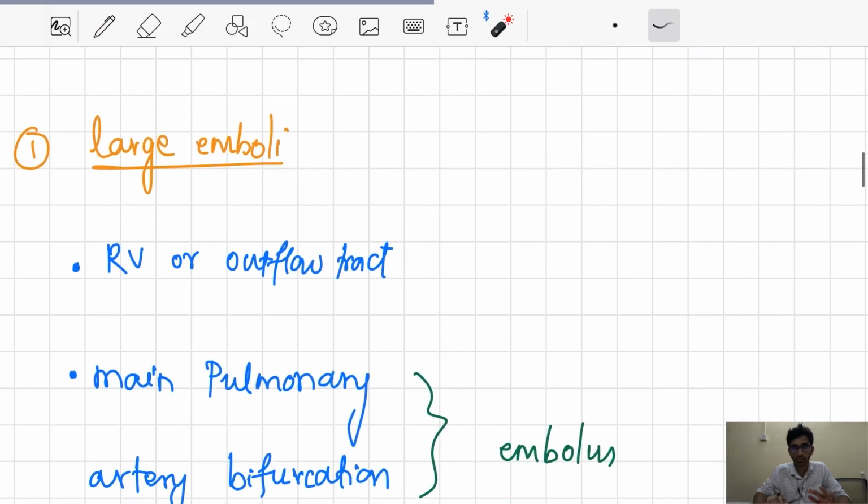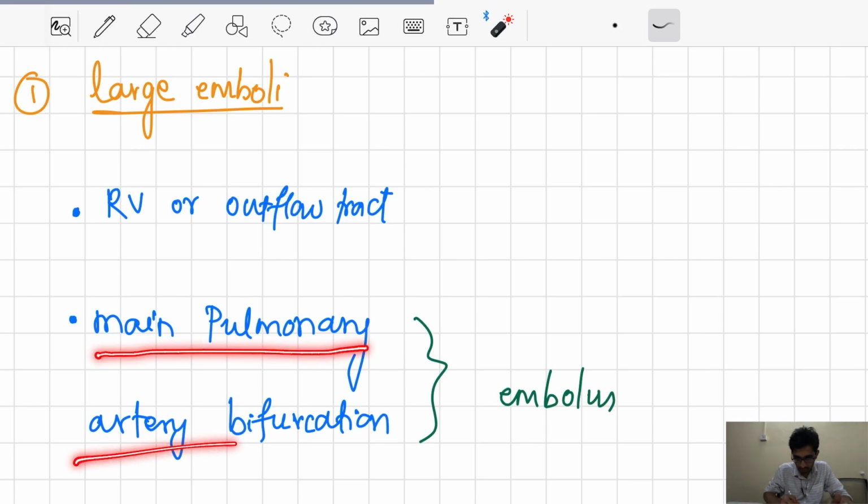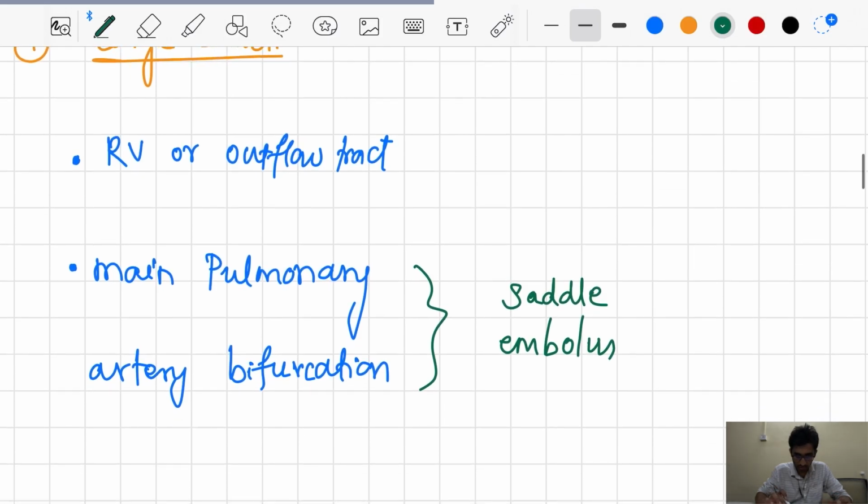One, if the emboli are large, then they will obstruct the right ventricle or outflow tract, or if it obstructs the main pulmonary artery bifurcation, then that type of embolus is known as saddle embolus. Embolus at pulmonary bifurcation is known as saddle embolus. It is a type of massive pulmonary embolism and it can lead to sudden death.